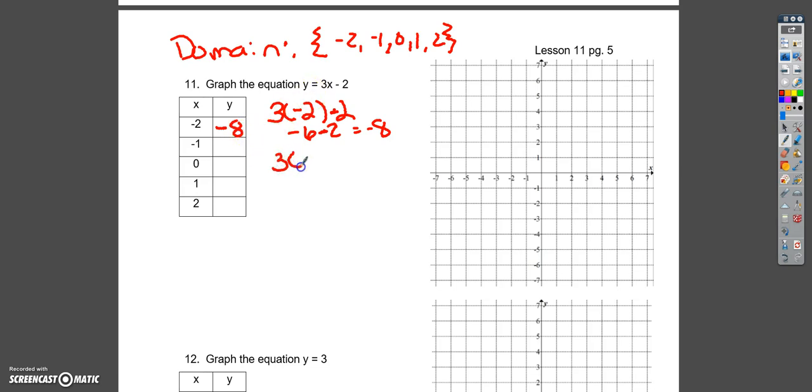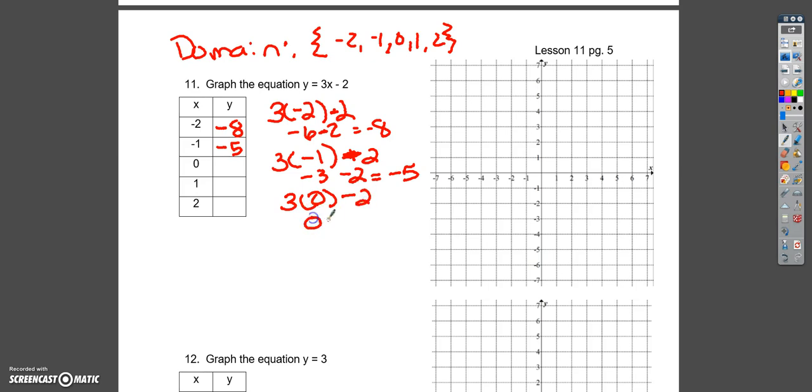3 times x, which is -1, minus 2, so -3 minus 2, -5. To 0.